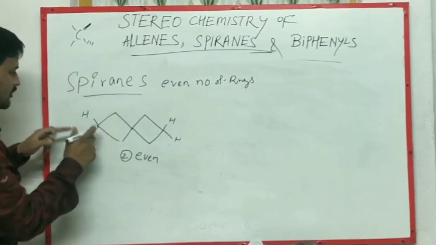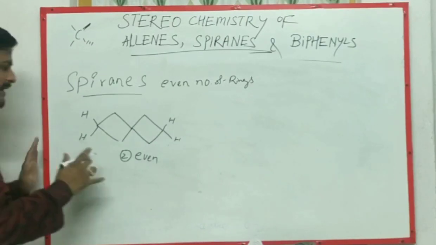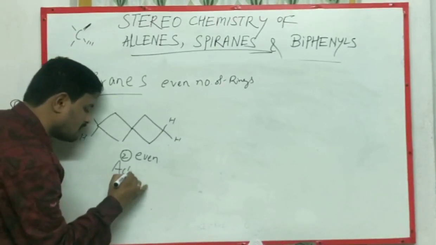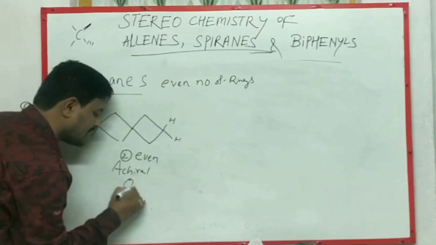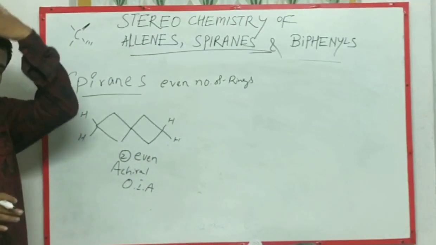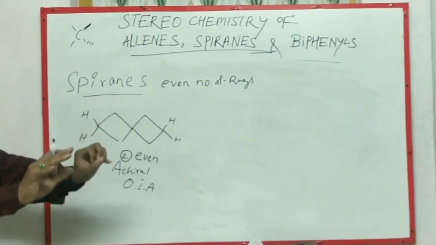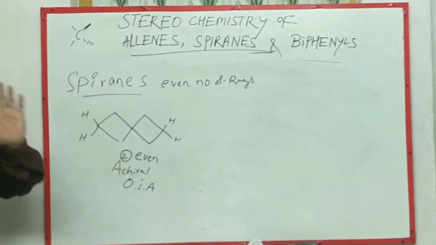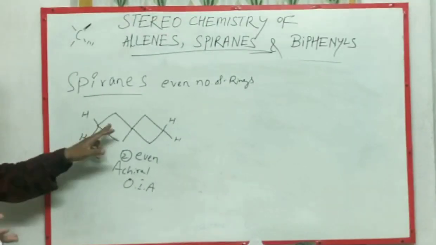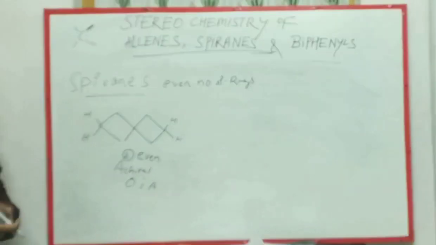And are different atoms present or not? The same atoms are present, so it is achiral, optically inactive, the same as before. Like allenes, no change. Instead of double bonds, rings exist, and you can convert the rings into double bonds; the same is observed. For example.